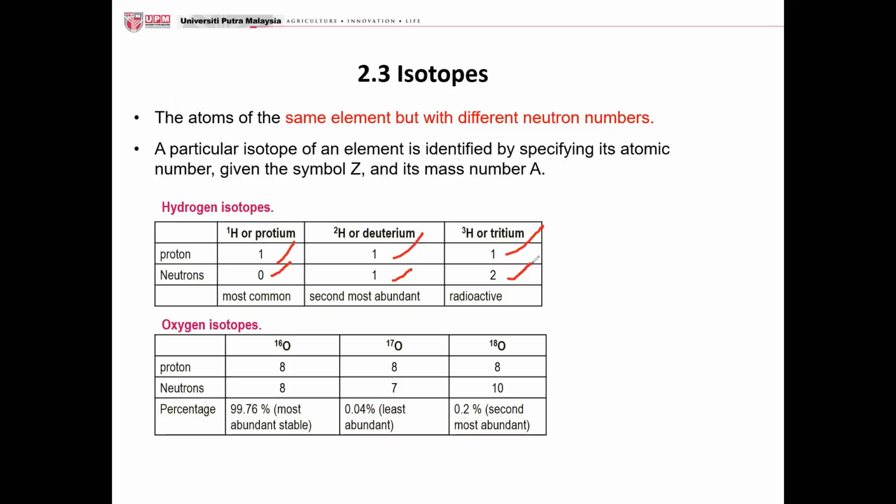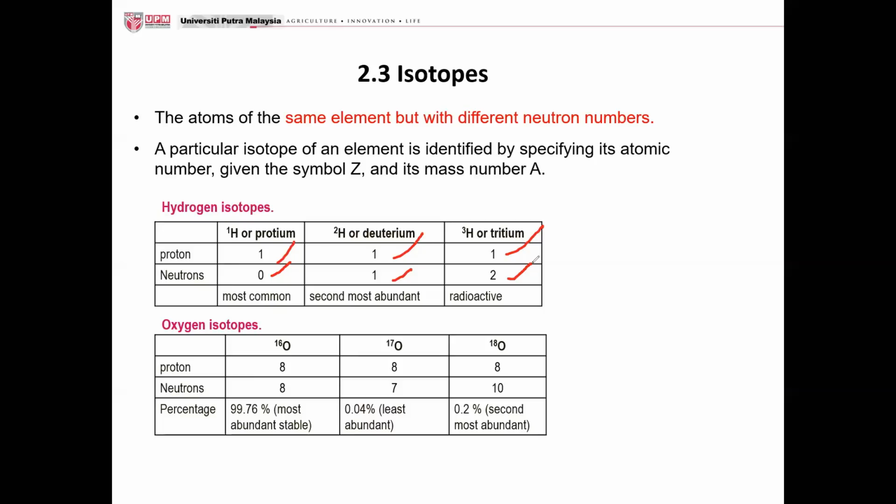Next example, we have oxygen isotopes. We have oxygen-16, oxygen-17, and oxygen-18 with the same proton number, which is 8, but different neutron numbers. Oxygen-16 has 8 neutrons. For oxygen-17, we have 9 neutrons.